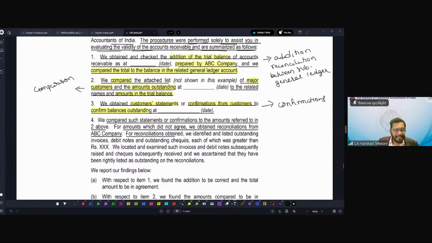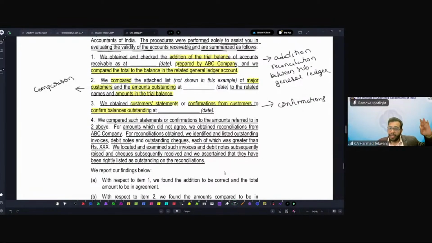For reconciliations obtained, we identified and listed outstanding invoices, debit notes, outstanding checks, each of which was greater than this much amount. We located, examined such invoice, debit notes subsequently raised, checks subsequently received, and we ascertained that they have been rightly listed as outstanding on the reconciliations. Means they have gone and checked the underlying data for outstanding.